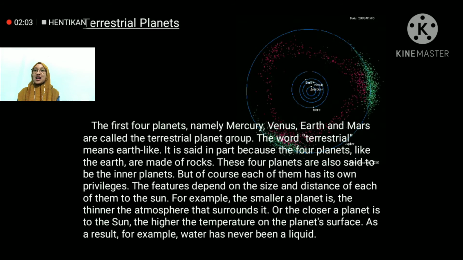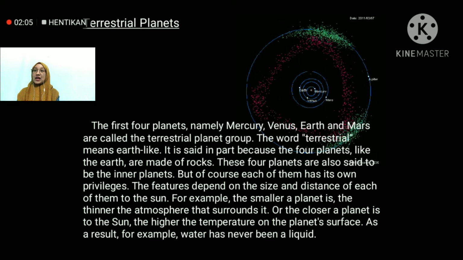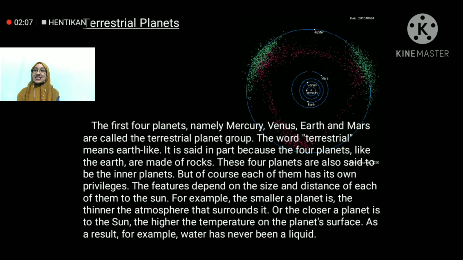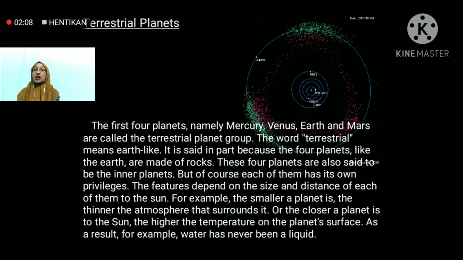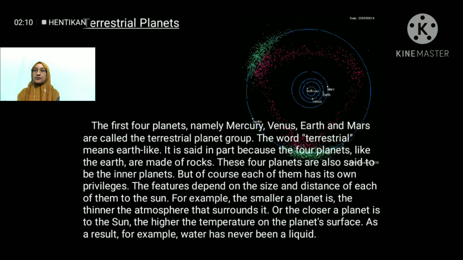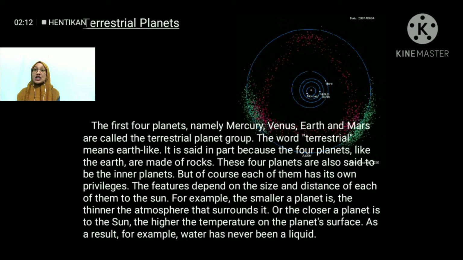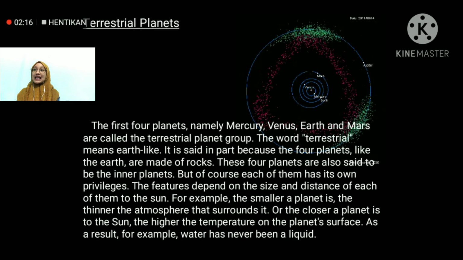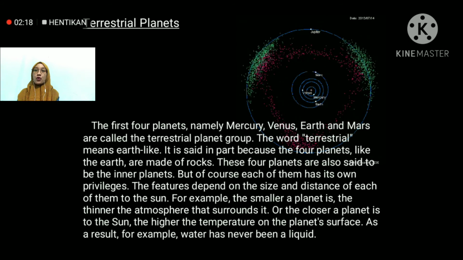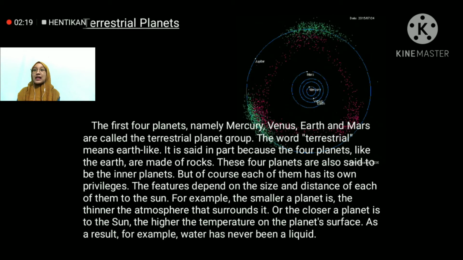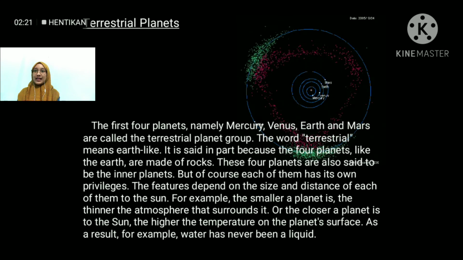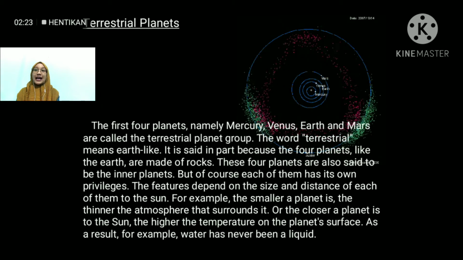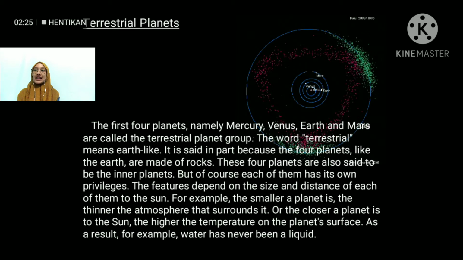Terrestrial planets. The first four planets, namely Mercury, Venus, Earth, and Mars, are called the terrestrial planet group. The word terrestrial means Earth-like. It is said so in part because the four planets, like the Earth, are made of rocks. These four planets are also called the inner planets, but of course, each of them has its own privileges.